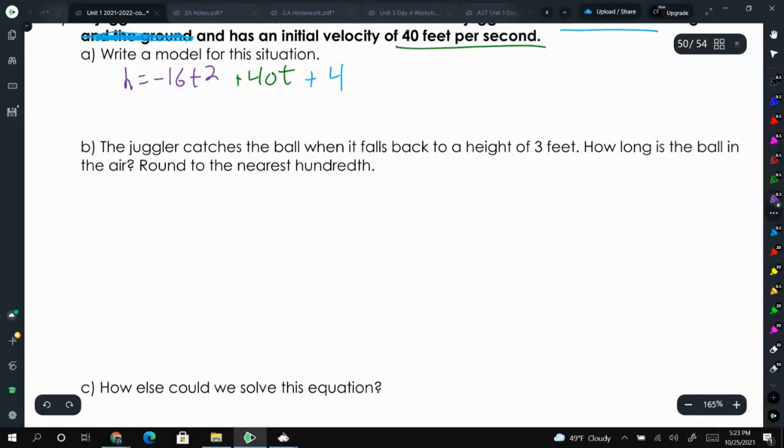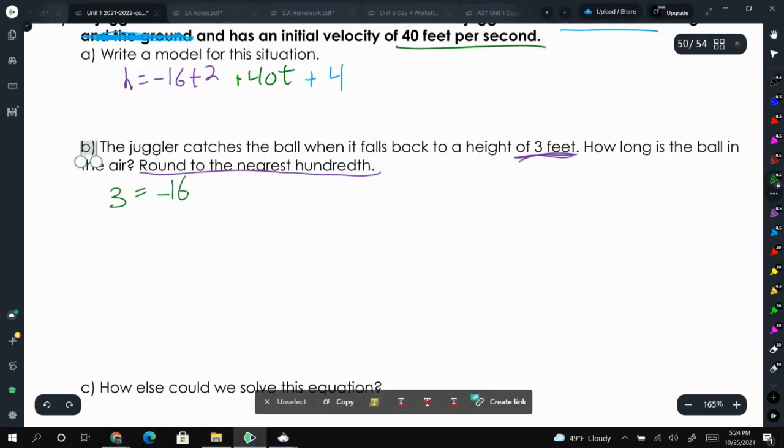Okay, so now if we look at letter B, it says the juggler catches the ball when it falls back to a height of 3 feet. How long is the ball in the air? Round to the nearest hundredth. All right, so instead of saying h is equal to this, we're going to say 3 is equal to negative 16t squared plus 40t plus 4.